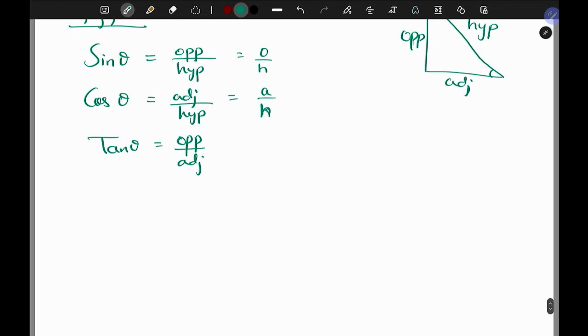And now for the third formula, you get it from the first two. You write it in this order: sine by cos. Alright, sine and then cos. And now opposite is written on top, and the second formula has adjacent written on bottom. Simple. O by A. O divided by A. So that means that when sine and cos are divided, we get tan.